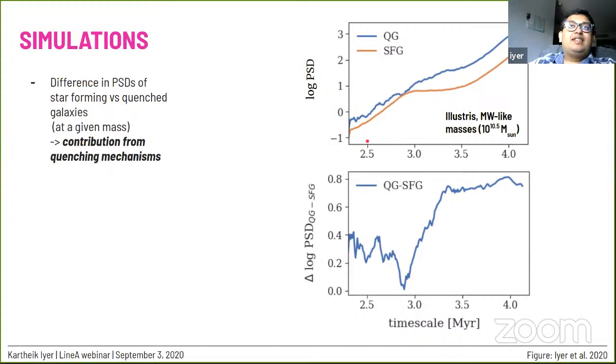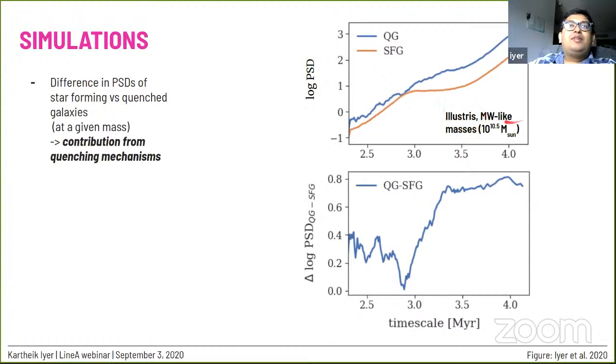So we make a cut in specific star formation rate space, and things above it are classified as star forming and things below it are classified as quiescent. We look at the average PSDs for both of these, and then we take the difference to figure out if there is excess power in one of these populations and what that power might be coming from.